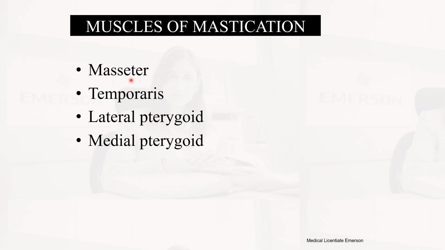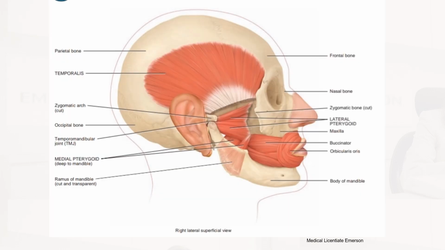For the specific muscles, we have the masseter, temporalis, lateral pterygoid, and medial pterygoid muscle. So these are the muscles we are talking about. We have the medial pterygoid and the lateral pterygoid muscle. Then you have the masseter muscle. Those are some of the muscles we are talking about, and they are innervated by cranial nerve number 5.